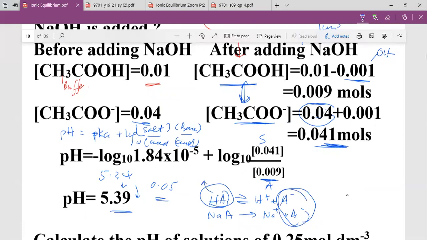This fellow here will react with any addition of alkali to cancel out the effect. This fellow will react with any amount of H plus added to cancel the effect, and some will give you HA. So HA will increase, but it doesn't change the pH because pH depends on H plus concentration, not the undissociated acid. Okay, right? Now I'm going to go through this later.